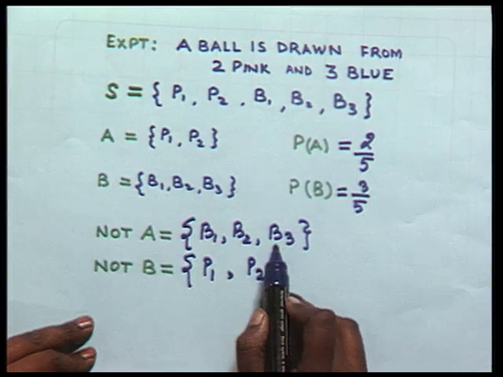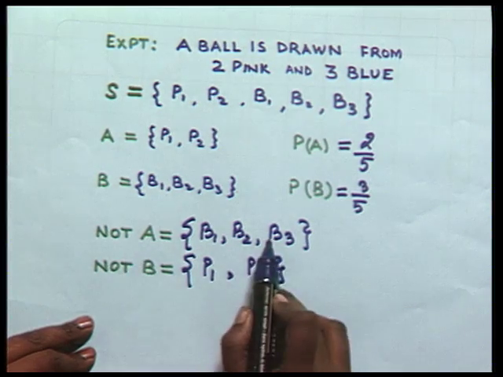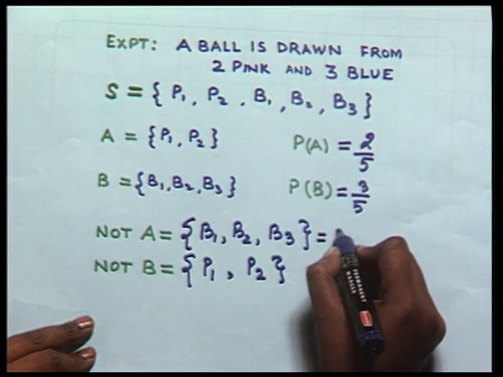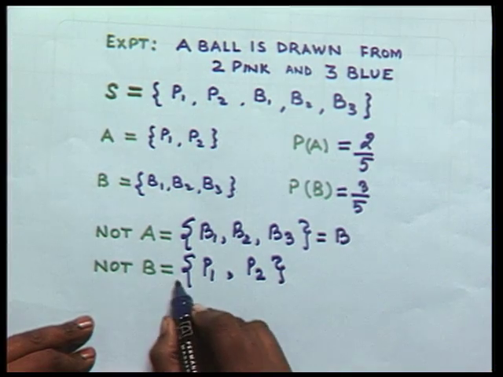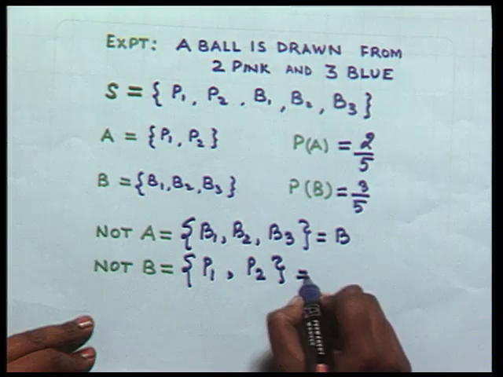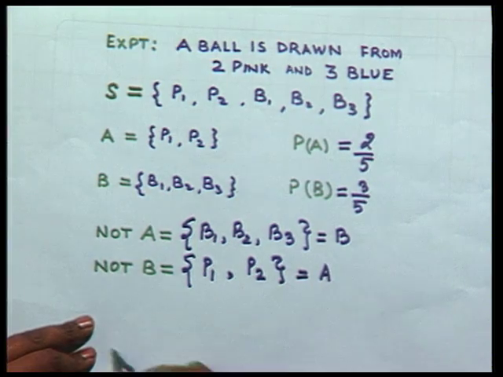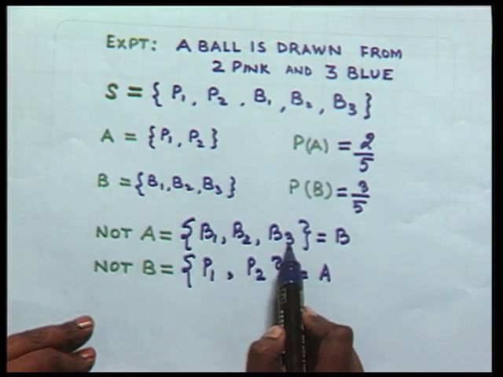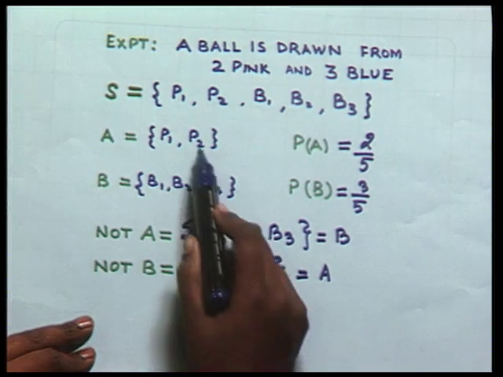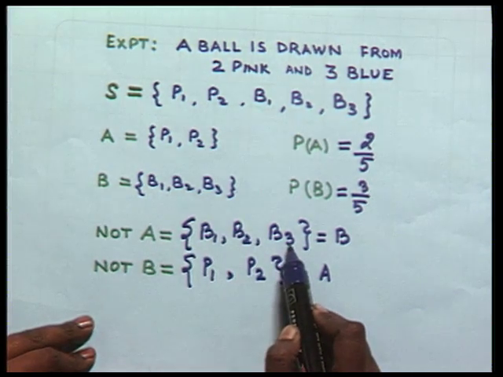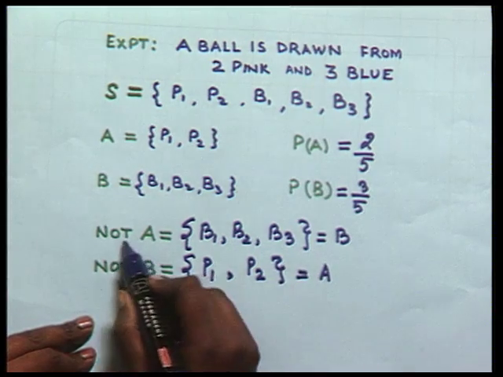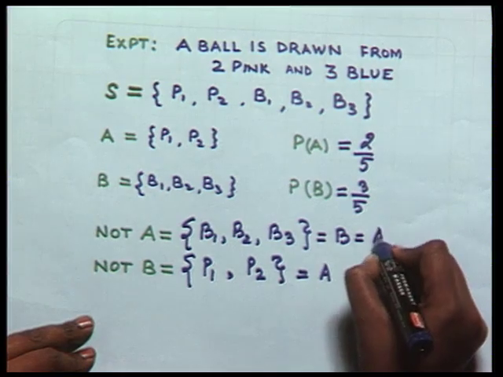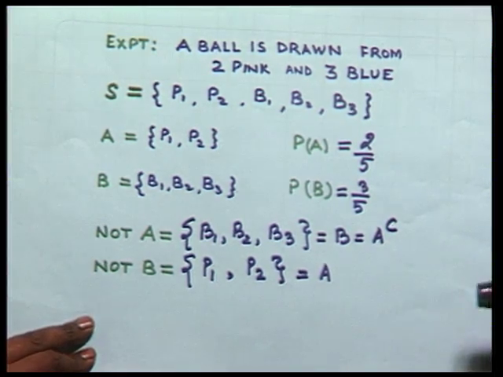You can observe that the event not A is nothing but the event B, and event not B is nothing but the event A. Also, event A and event not A are complements of each other. So, we can write event not A also as A complement.